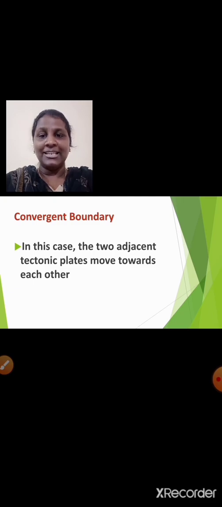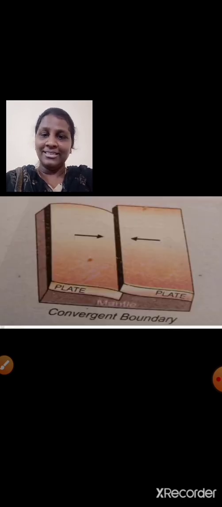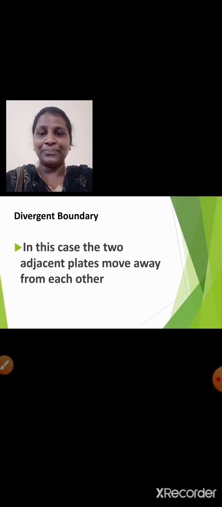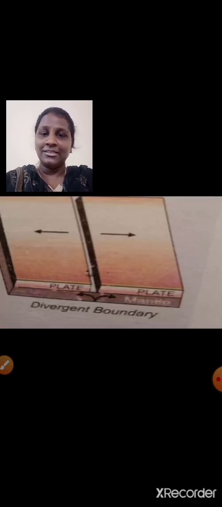Convergent boundary: in this case, the two adjacent tectonic plates move towards each other. Here in this image you can see fold mountains are formed. What about divergent boundary? The two adjacent plates move away from each other. You can see the image over here, students.